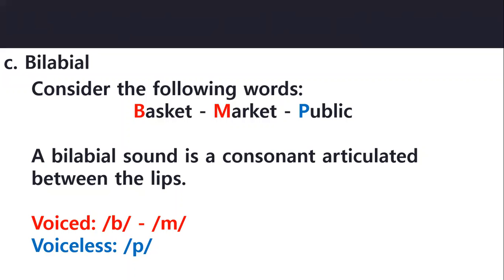Feel free to repeat the words along with me, so that the pronunciation will be easier for you as well. So, a bilabial sound is a consonant articulated between the lips. B, m, voiced, and p, voiceless.